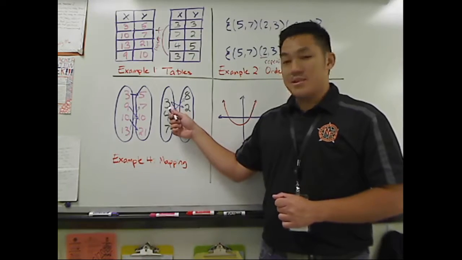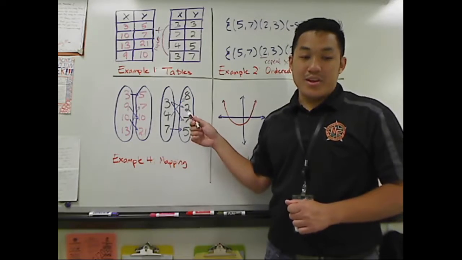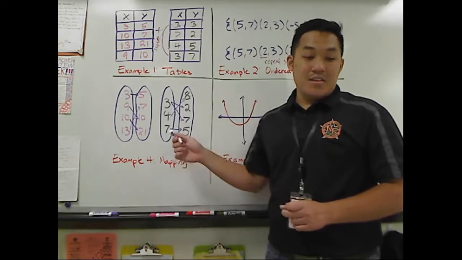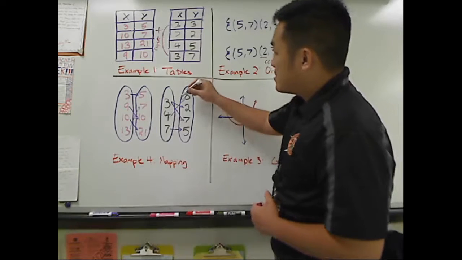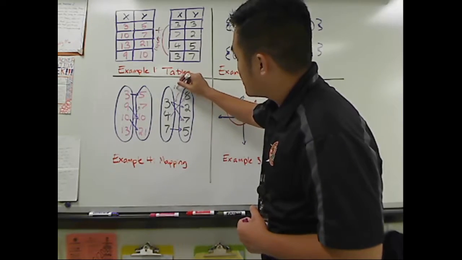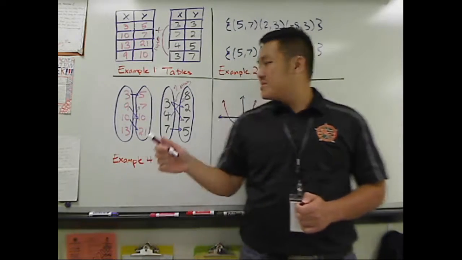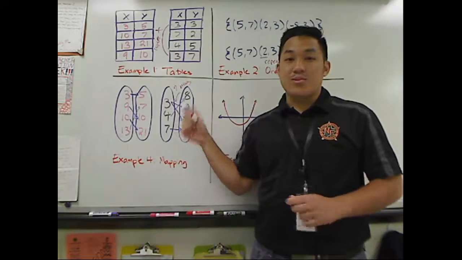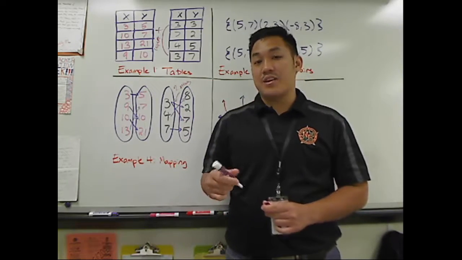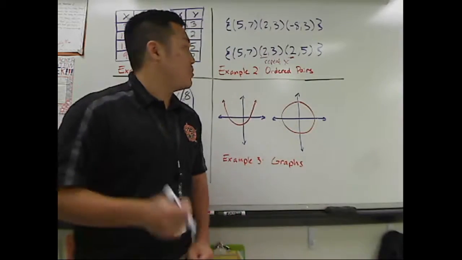If I input 3, it also outputs to give me 7. So you have 2 arrows, and you can't have that. It is not a function because this 3 is giving me 2 arrows. Basically, 3 goes out twice, so it cannot be a function. Every single x input can only have one y output.